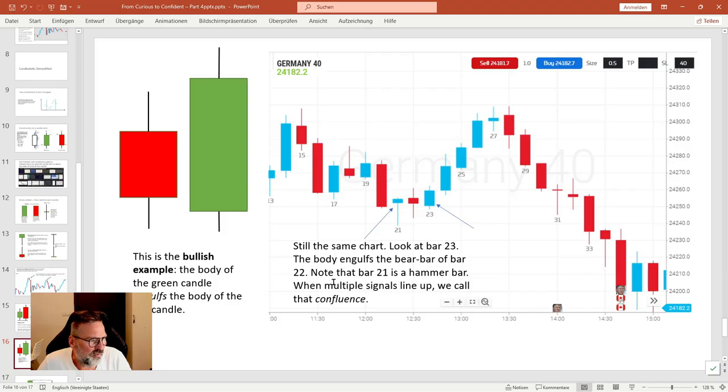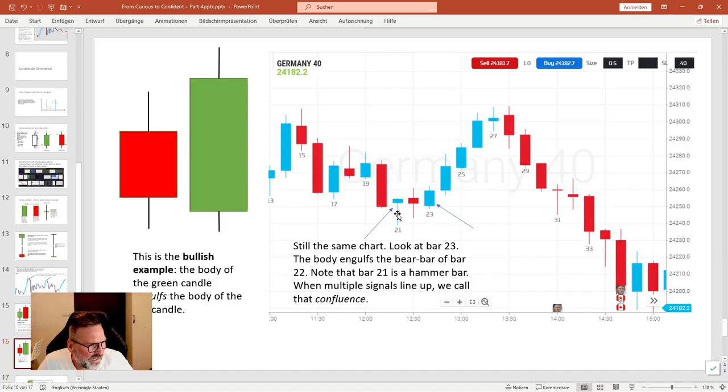And now you have an idea of what I mean by confluence, right? So if I was just trading candlestick patterns, which I don't, actually not at all, but if I was trading candlestick patterns, you know, this would be confluence.